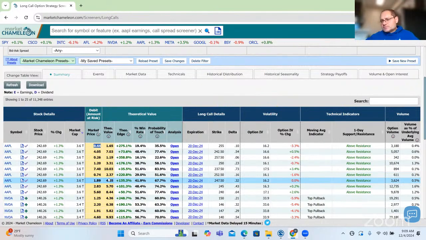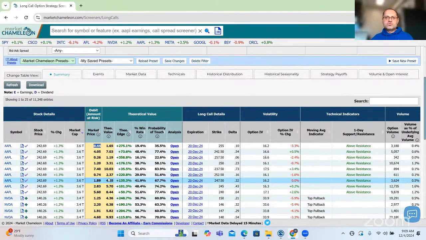We don't know the outcome, because the outcome of that option is really going to depend on what the stock does between now and expiration, and what buyers and sellers in the options are going to do. But we don't know that, because anything could happen. Markets are dynamic, news is dynamic, there's a lot of uncertainty.